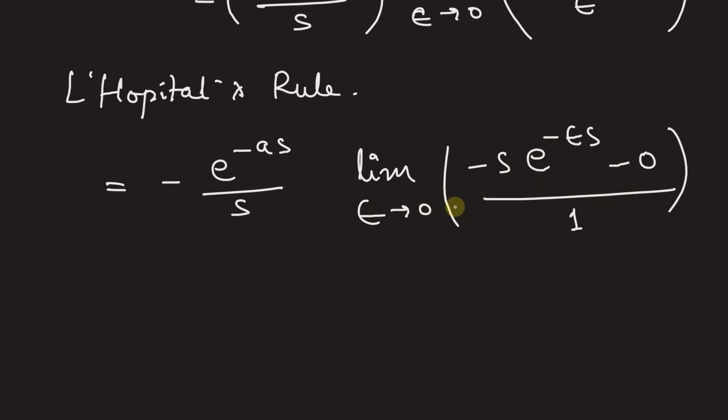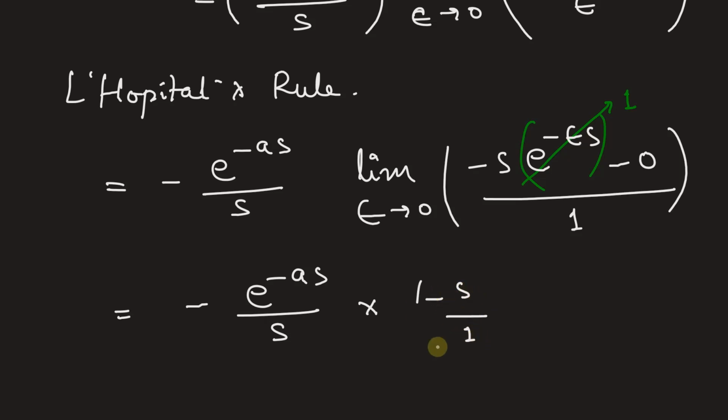If you substitute epsilon equal to 0, this term becomes 1. You can write negative e to the power of minus as divided by s multiplied by minus s by 1. Negative and negative multiplied become positive, and the s gets cancelled out. So you can write it as e to the power of minus as.